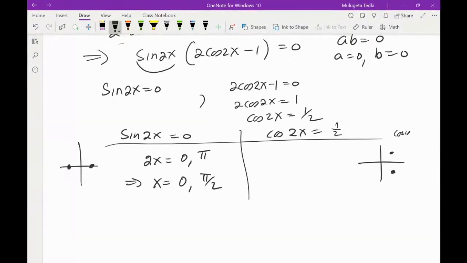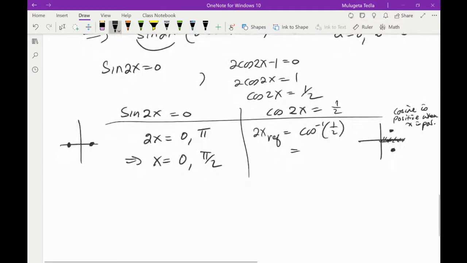Cosine is positive when x is positive. Where is x positive? It's here, right? So therefore, it's the first quadrant. So for the 2x reference, what is the first quadrant angle? It is cos inverse of 1/2, which is equal to what? What angle gives you cosine equal to 1/2?